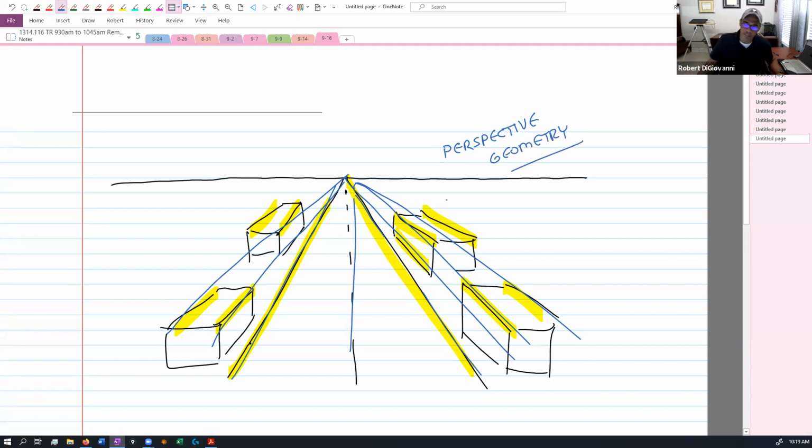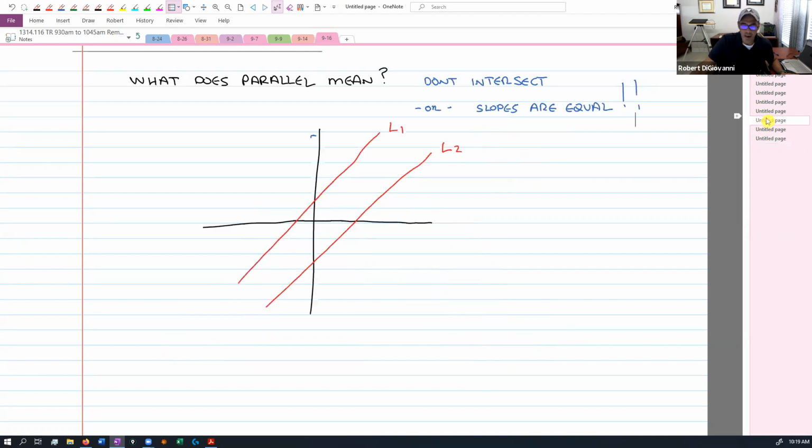The geometry that we are doing in this class and that you've learned your whole life, the whole idea of two parallel lines don't intersect, the slopes have to be equal. This is correct, but this is known as Euclidean geometry.